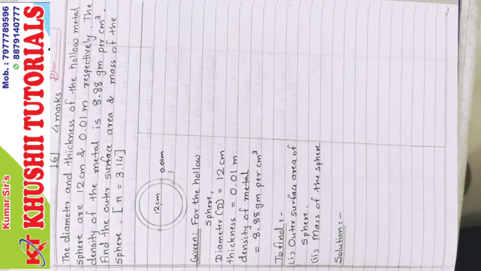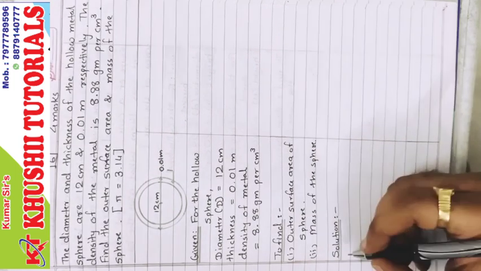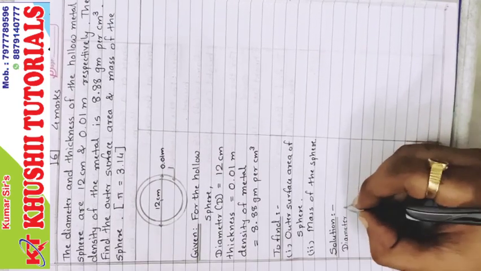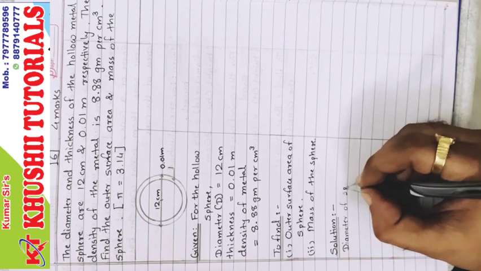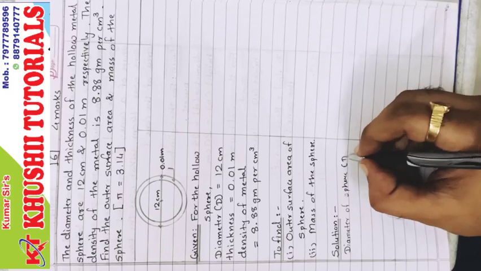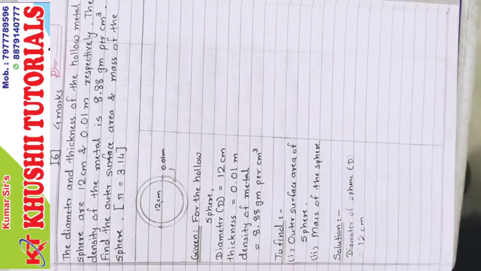Sum number 6, which is of 4 marks. The diameter and the thickness of the hollow metal sphere are 12 centimeter and 0.01 meter respectively. So first of all we know the diameter, which is 12, so we need to find first the radius. So diameter of sphere, we'll assume that's d, equal to 12 centimeter.